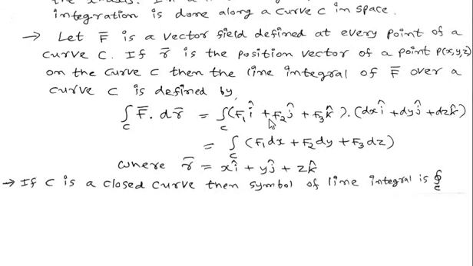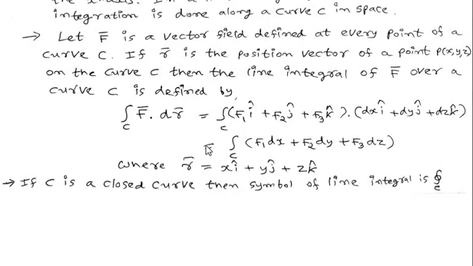Now if you find the dot product of these two, i dot i is 1, so it becomes f1 dx, plus j dot j is 1, so it becomes f2 dy, and k dot k is 1, so it becomes f3 dz.